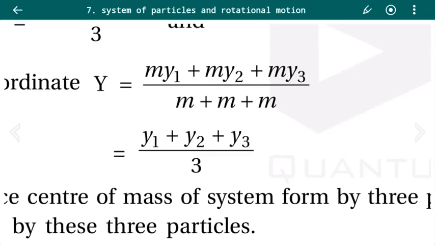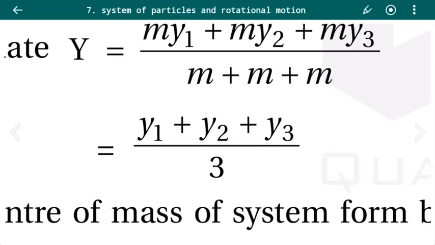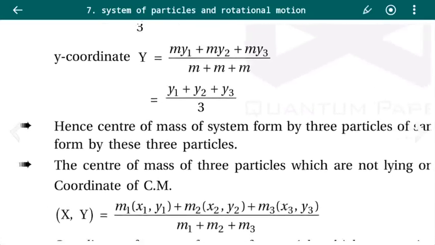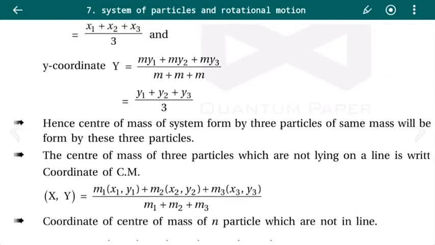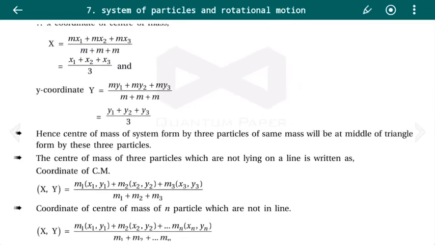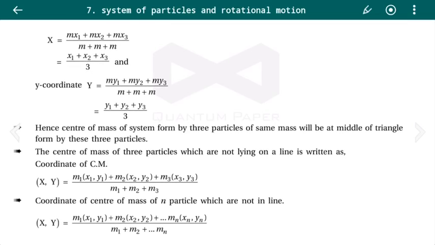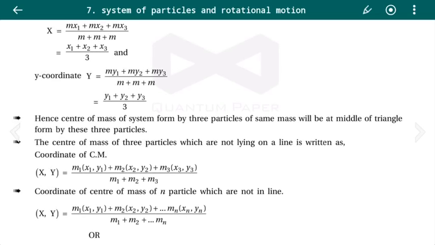So, when any system of n particles consists of the same masses, if all the particles have the same mass, then the center of mass will lie at the center of the system, that is at the center of the body. Thus, the center of mass of 3 particles which are not lying on a line is written as the coordinate of center of mass, that is (x, y).